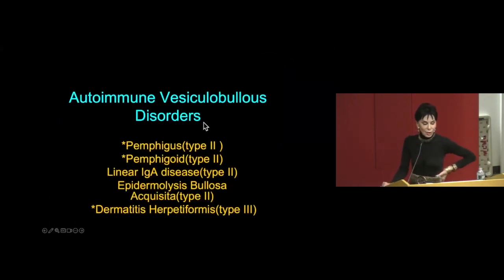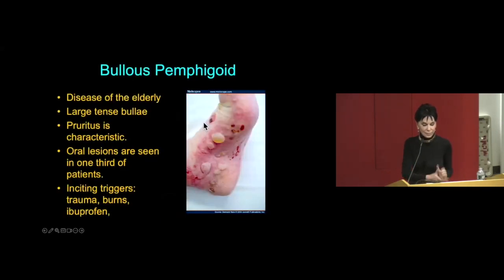So now we'll move on to the autoimmune vesicular-bullous disorders, and we'll talk really about a few of them: pemphigus, pemphigoid, and dermatitis herpetiformis. So let's first of all address pemphigoid. This is a disease of the elderly, but of course it can occur really in all age groups.